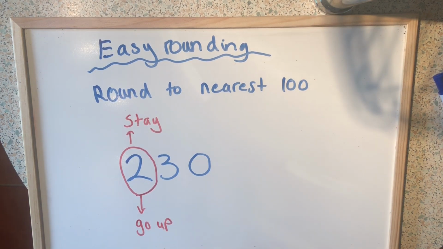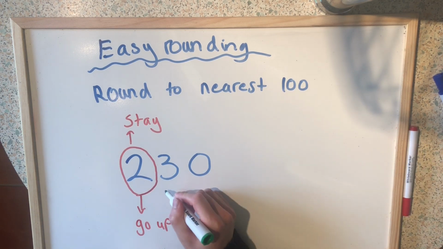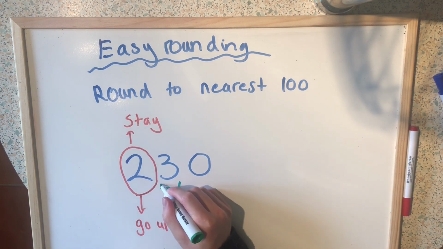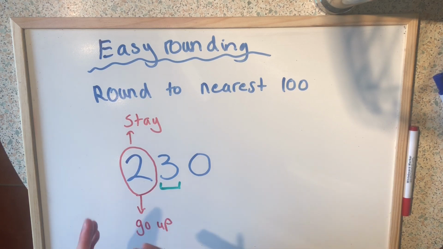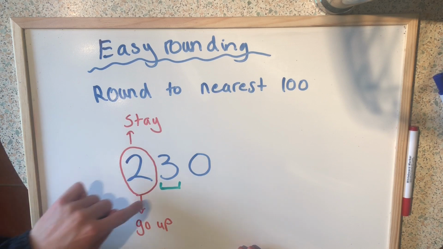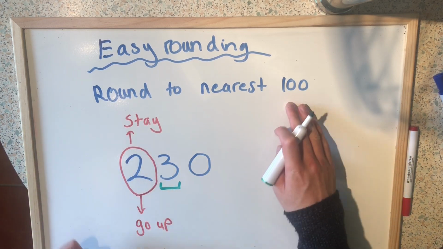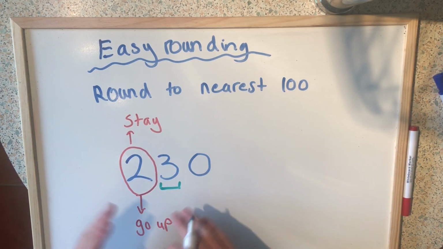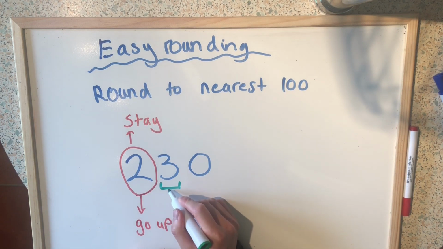So all we need to do is look at this 3. So we'll look at the number next to our most important number. This is our most important number because we're rounding to the nearest 100. So look at the number next to it, and that's this 3.